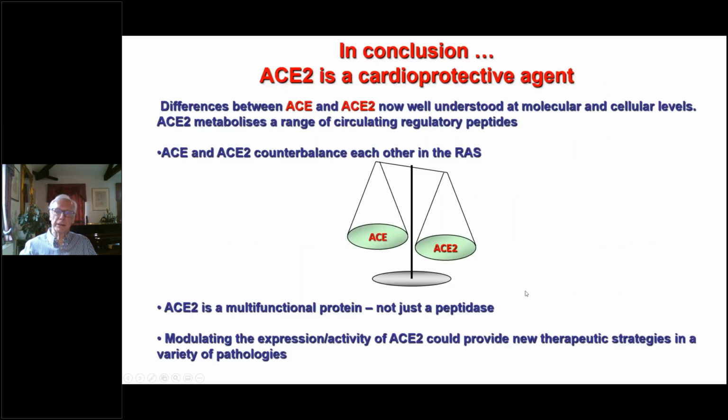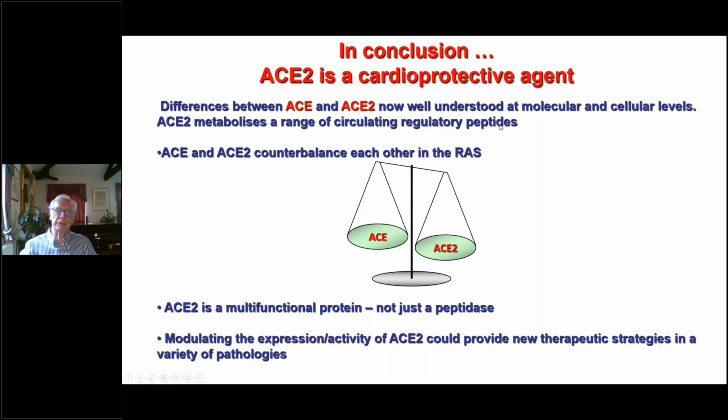So just to summarize then, ACE2, we believe, is a cardioprotective agent. It counterbalances the actions of ACE in the renin-angiotensin system. And I think you'll see that we now quite well understand the differences at molecular and cellular levels between ACE and ACE2.